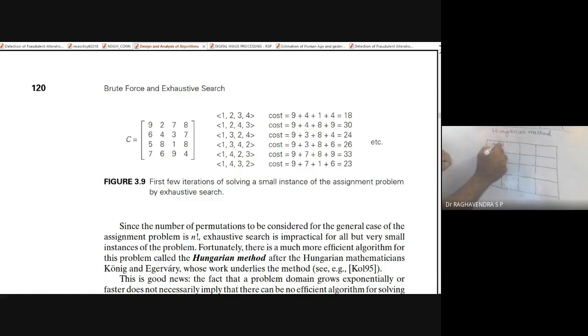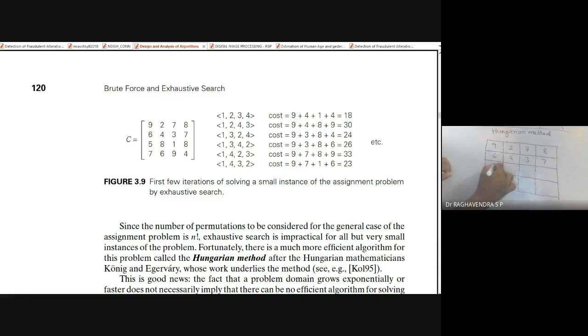Assign the costs here: 9, 2, 7, 8. Then we have 6, 4, 3, 7.